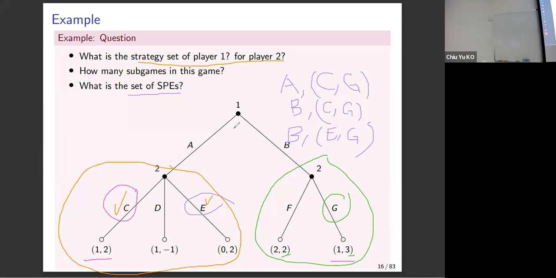And remember, subgame perfect equilibrium is defined as a strategy, not an outcome, not a payoff. Let me repeat, this is very important. Subgame perfect equilibrium is a strategy profile. A strategy, not the outcome CG, not the outcome AC, not the payoff 1, 2.